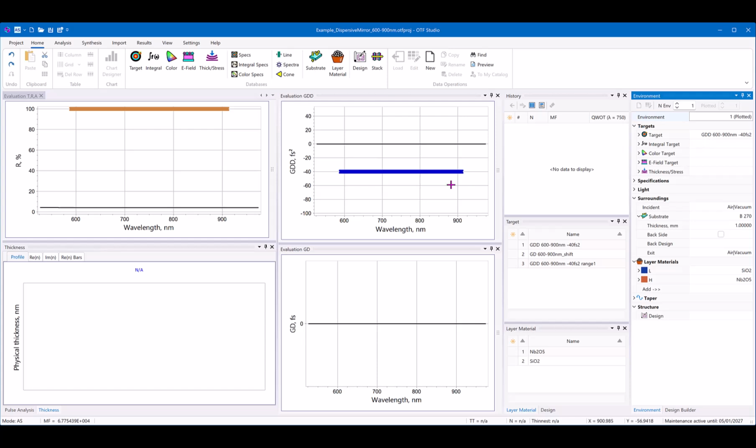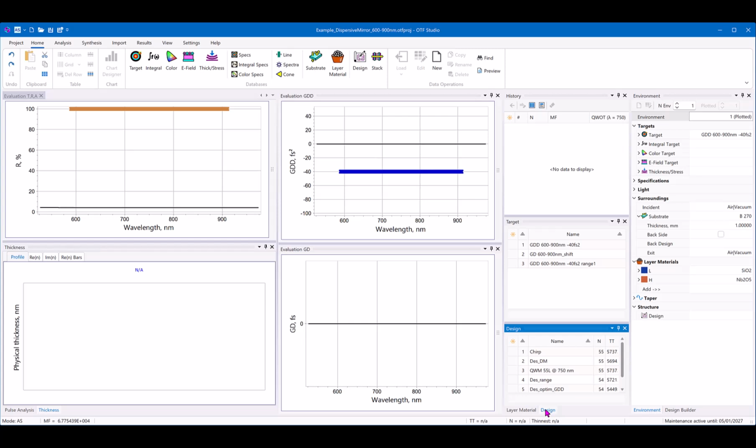We can see here group delay dispersion target, minus 40 femtosecond square, high reflectance, 100% target values. And I will use, of course, dispersive layer materials, niobium pentoxide and silicon dioxide. I loaded everything, layer materials, targets, and substrate, and would like to select an appropriate starting design.